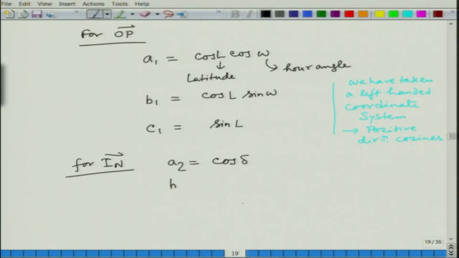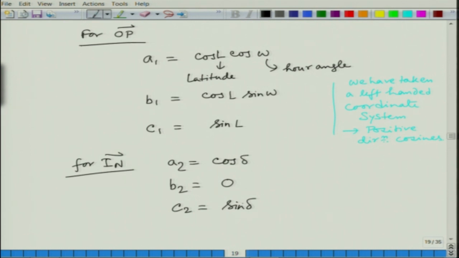We have chosen the line which is the projection of I n on the equatorial plane to be our x axis. So, this is straightforward, cos delta. The second direction cosine B2 will be 0, because of how the x, y, z coordinate system is chosen: if you are cutting one axis completely in one plane, the other axis will be 0. And C2 will be sin delta.